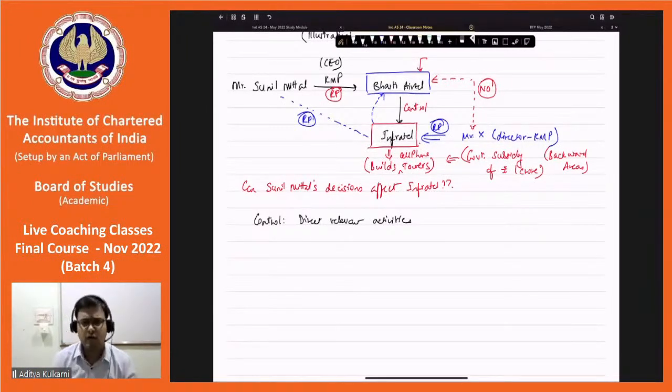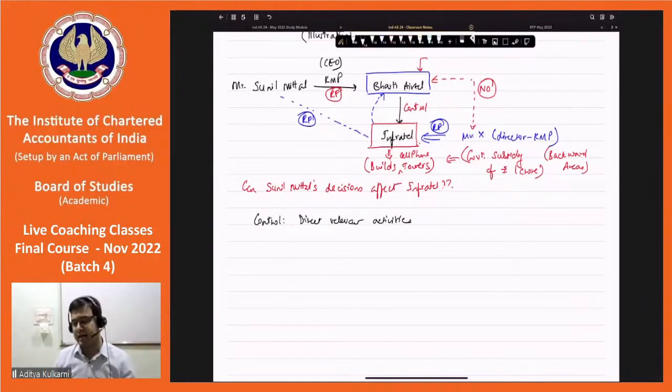It has shareholding, whatever be the conditions fulfilled there. Bharti Airtel can tell Infratel what to do. So there is a control. And because of the control, Bharti Airtel will also get a share in the profits of Infratel. And when Bharti Airtel prepares consolidated financial statements, Infratel will be consolidated as a subsidiary.